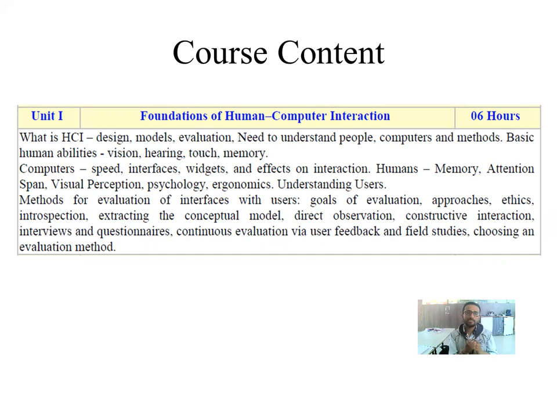Each unit has some kind of course content, some topics included in that unit, and each unit is going to achieve the course outcomes that we have discussed in the previous slide.